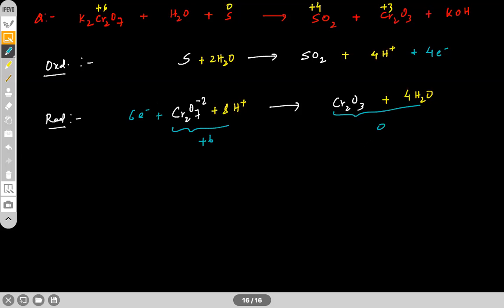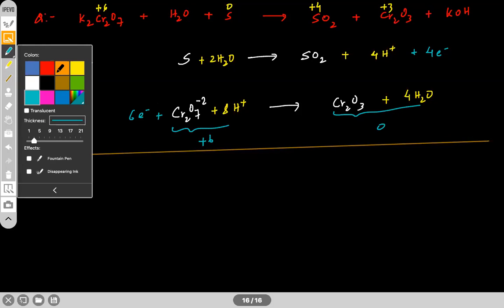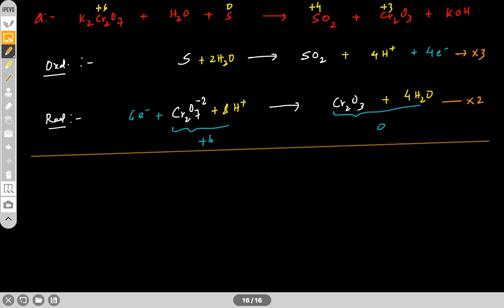Okay. Now what we do? That the electrons gets cancelled. So this one multiplied by 3 and this one multiplied by 2. Okay.